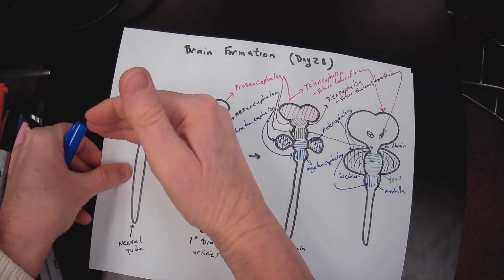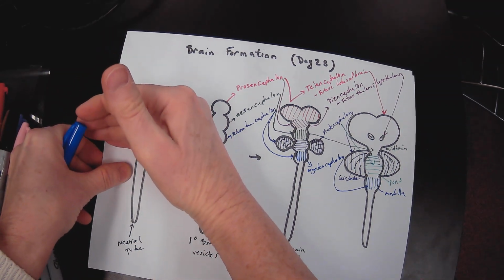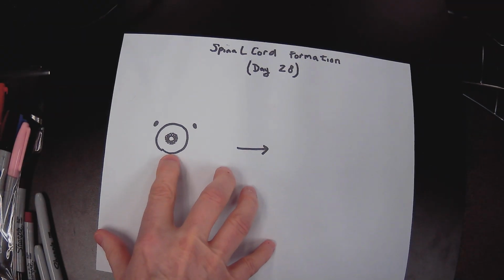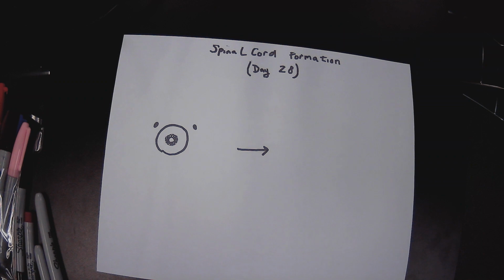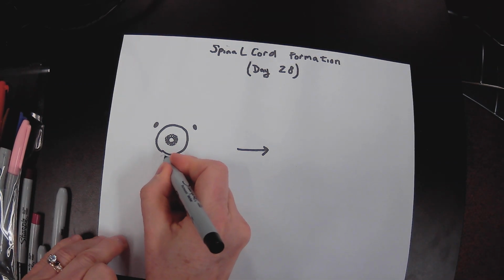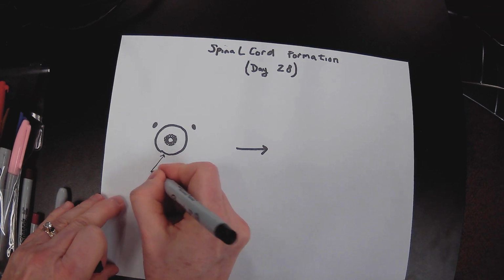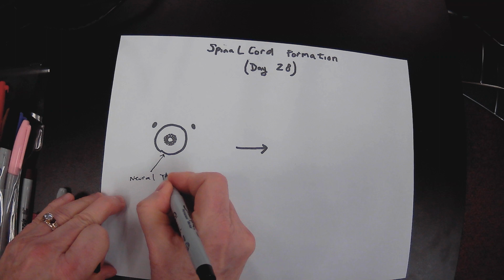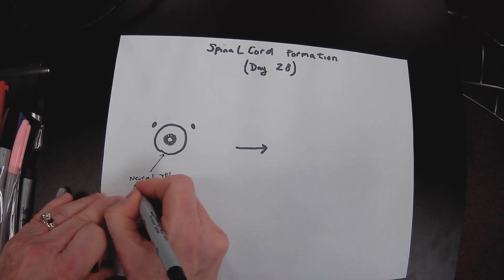What I'm going to do is take the neural tube and cut it in cross section. This here is just a cross section through the neural tube.